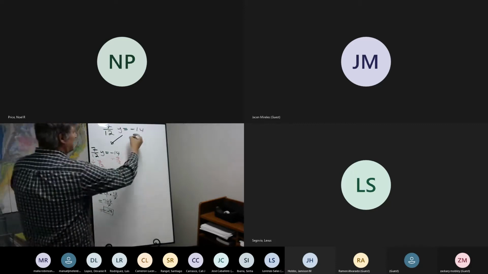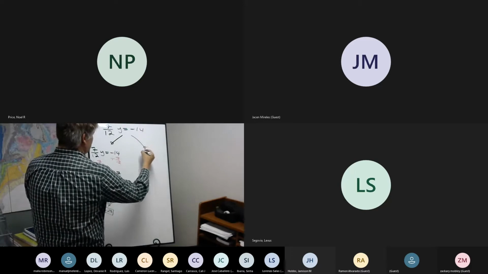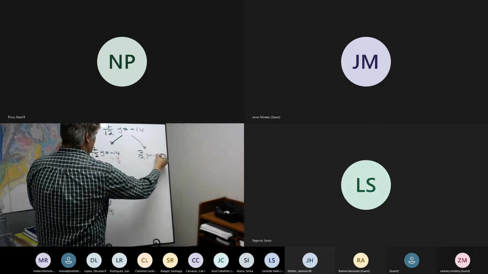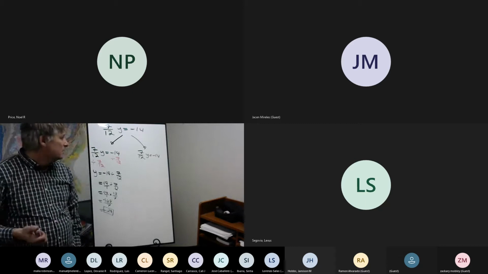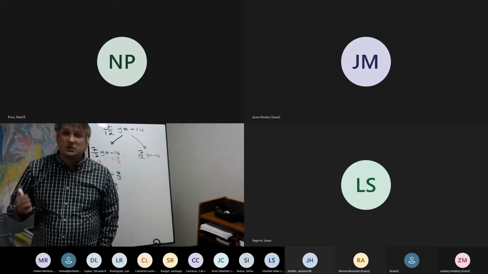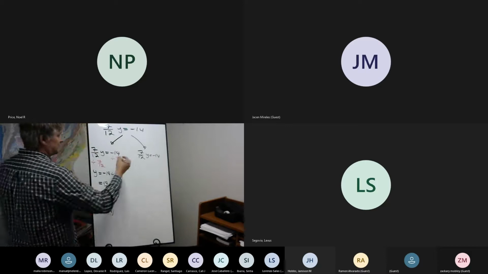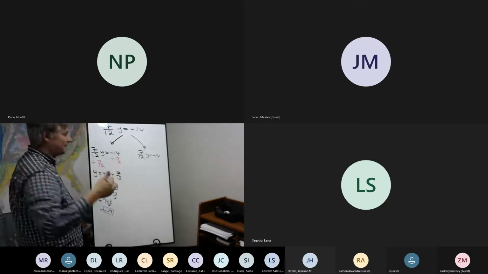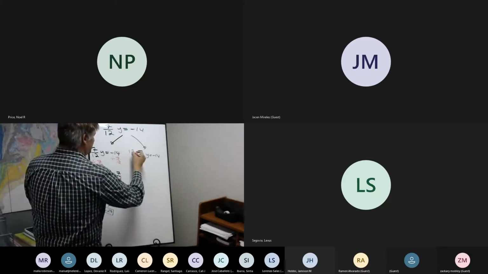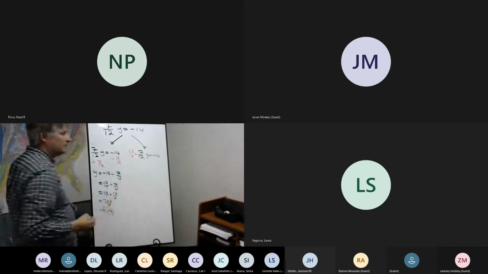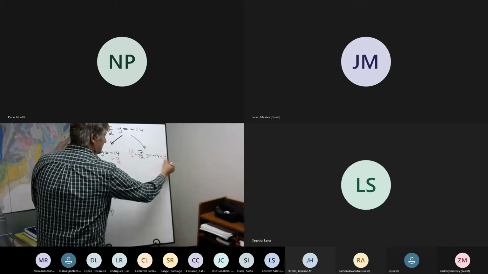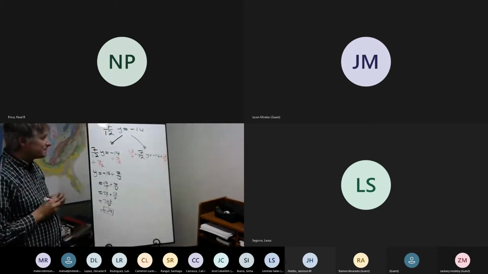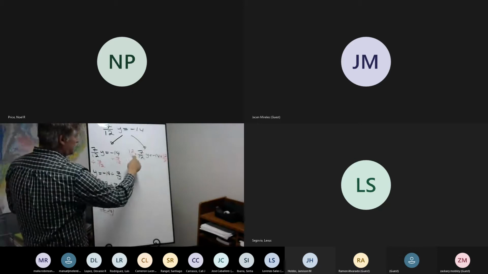Another way we can take this on, though, is we can, when you're dealing with fractions and you want to get rid of them, you can multiply both sides by the reciprocal of the fraction. So the reciprocal means you just flip it. So you multiply by the flipped version of the fraction. And again, what you do to one side, you've got to do to the other. These will cancel.